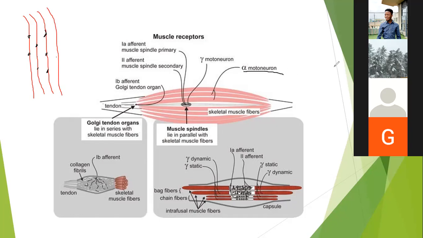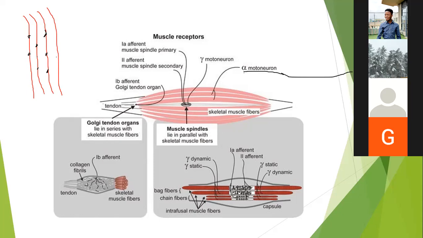Motor means that it is bringing information from the CNS. I really don't know how to write with this thing. It is taking information from the CNS to the muscles and causing the muscles to contract. So it is a motor neuron. And you can see the classification, it's an alpha. We'll come to that later.